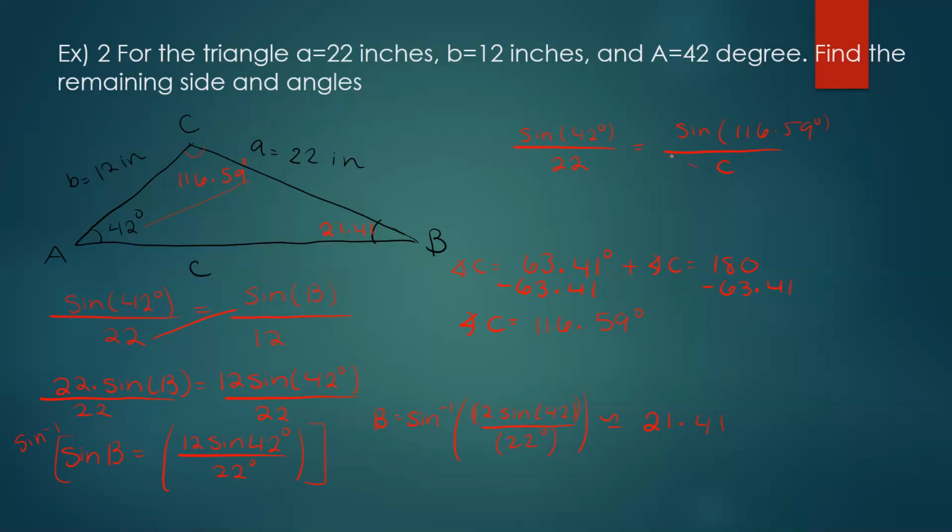Go ahead and cross multiply. That's c times sine of 42 equals 22 sine of 116.59 degrees. And then we divide both sides by sine 42 degrees.